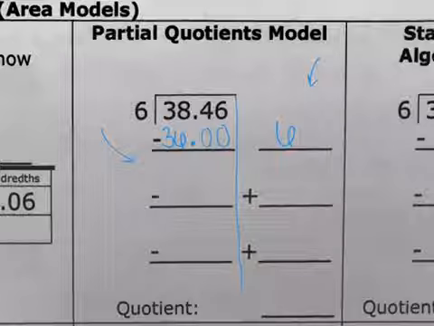When I do that, I'm left with 2 and 46 hundredths. Now, in my next step, I know I'm going to have to take out a part of the 6 because 2 and 46 hundredths is less than my divisor 6. So I know that this partial quotient right here is going to have to be some sort of decimal.